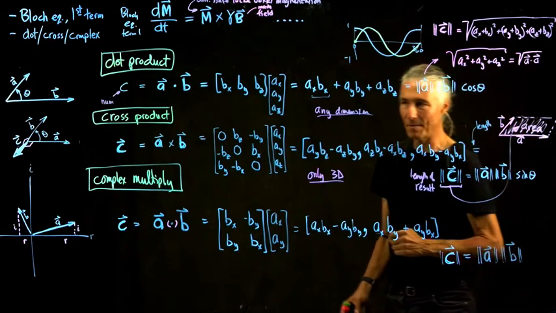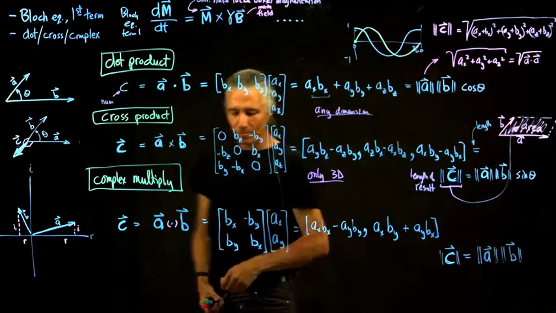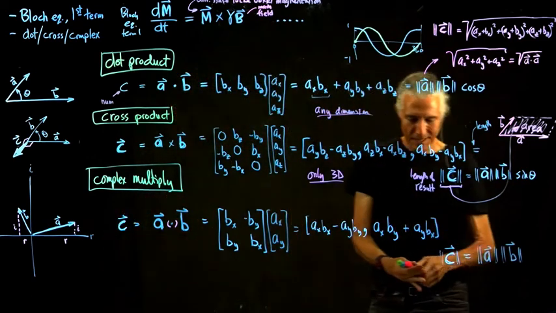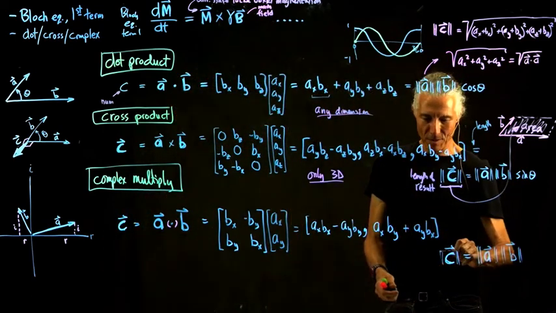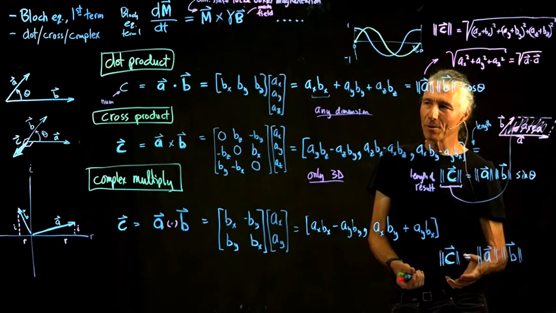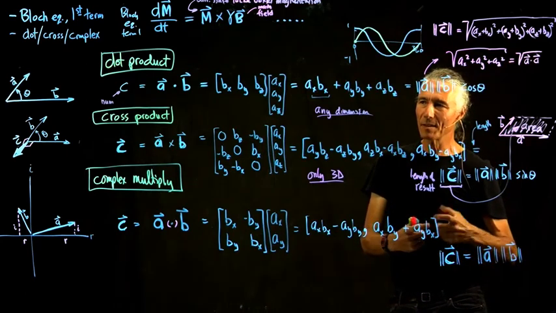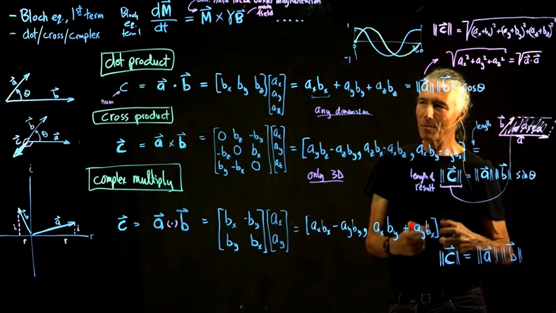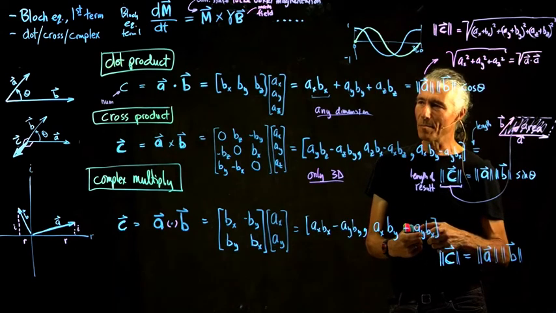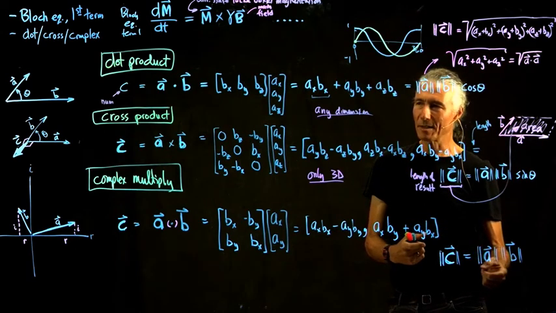No sine or cosine. That's kind of convenient, because what that says is that it doesn't matter what the angle between them is. When you multiply them, all you do is take their lengths and multiply their lengths. So they kind of act like regular numbers. Complex numbers act like regular numbers when you consider the length of them. You just multiply them like you would multiply two regular numbers that are not vectors.